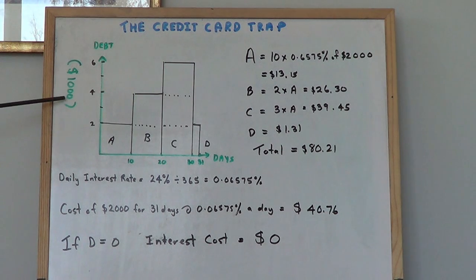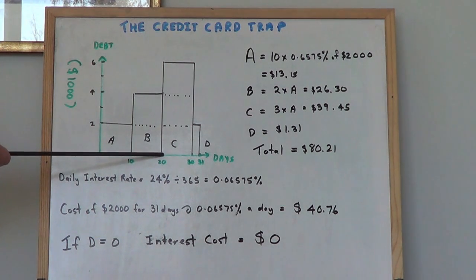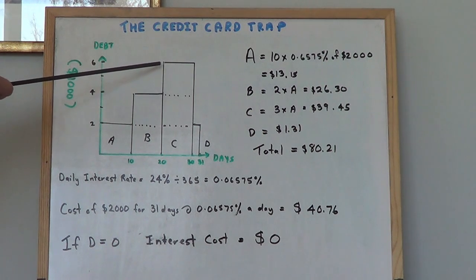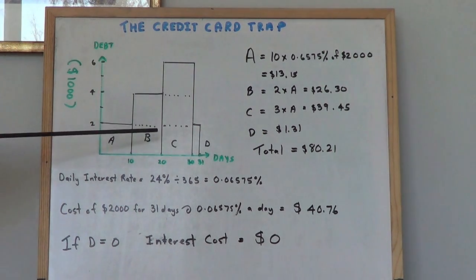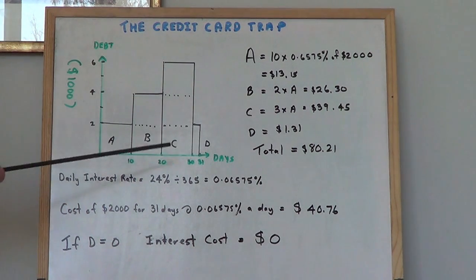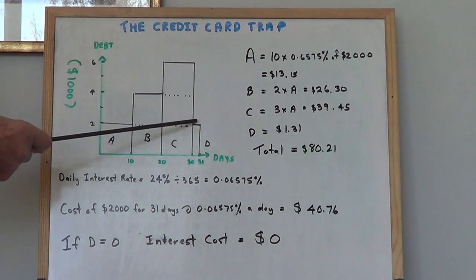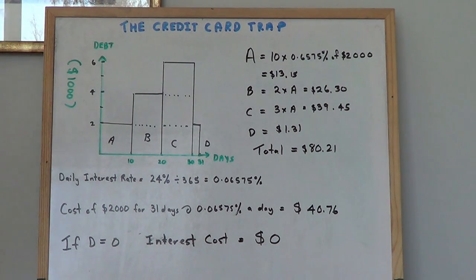That's debt, in thousands. And then on day 21 you spend another 2,000, which takes your debt up to 6,000. And then on day 31 you pay $4,000 off your debt, so you take your debt down to 2,000.